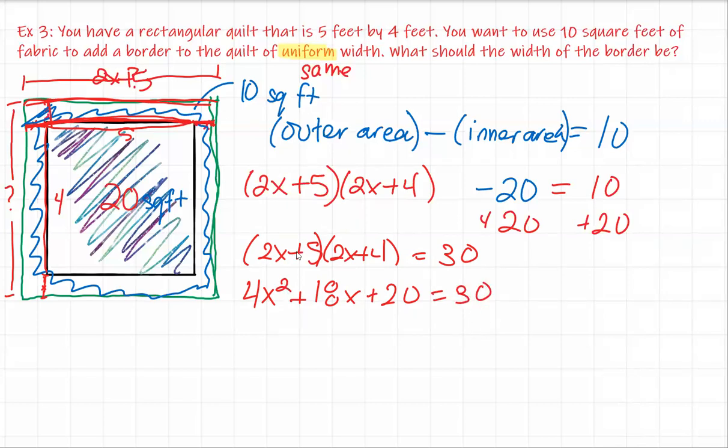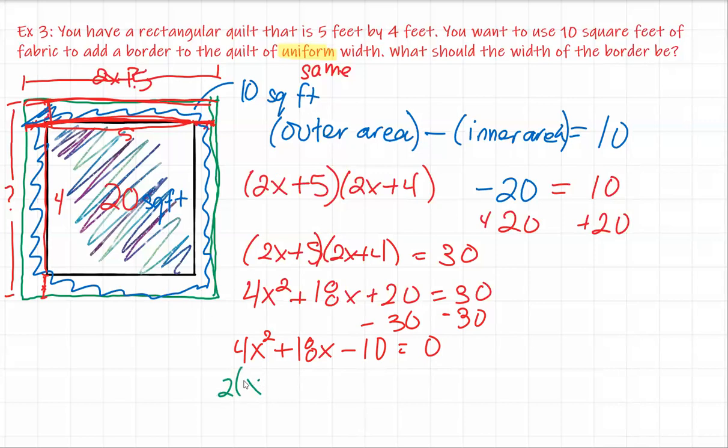Now, if we're going to solve a quadratic equation, because notice how this is a quadratic, we got to make sure everything's on the left. We want a 0 on the right. So let's subtract 30 over. 4x squared plus 18x minus 10 is equal to 0. Now this is problems that we've done before, right? First step, is there a GCF? Yes, it's 2.